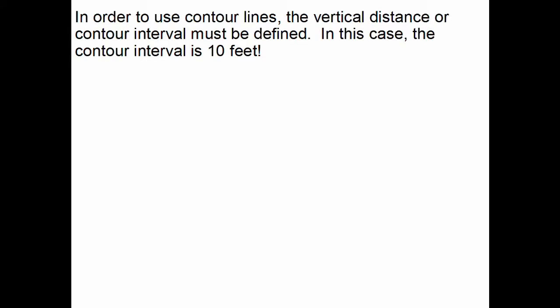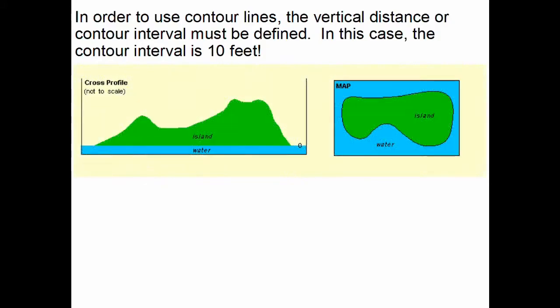Now, in order to use contour lines, the vertical distance or contour interval must be defined. Well, in this following model, my contour interval is 10 feet. Let me illustrate. Let's say I have an aquarium with an artificial island in it. I pour some water in it, and this would be my sea level, or water at zero level.